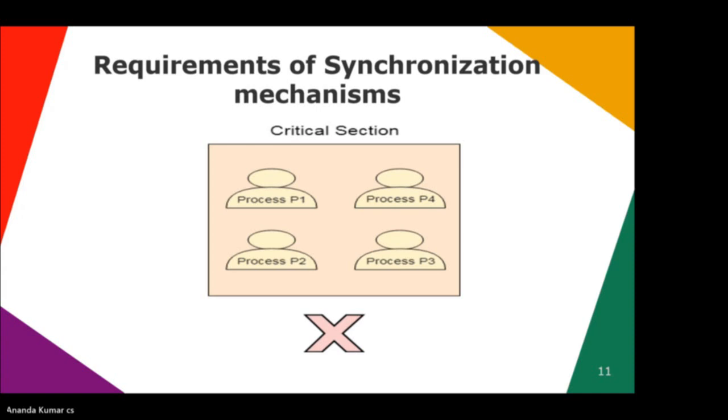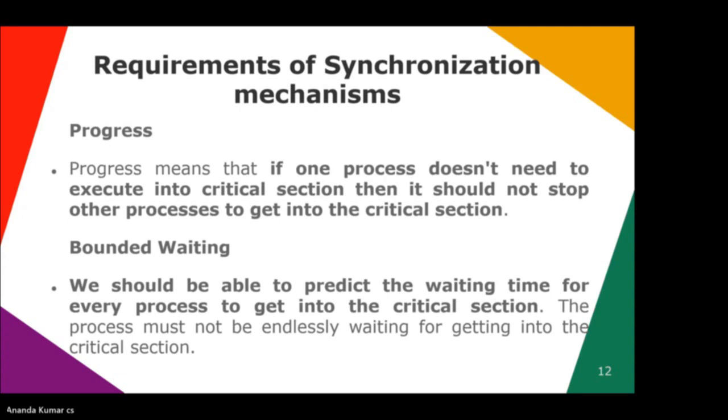Next, progress. Progress means if one process does not need to execute the critical section, it should not stop other processes; it will not stop another process from entering the critical section.